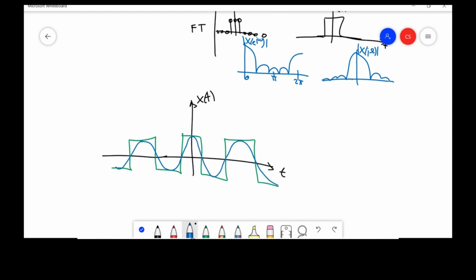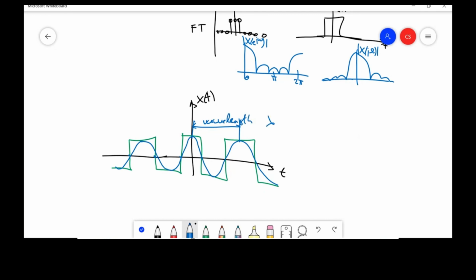It goes through the same zeros as this one, and it has more or less the same amplitude. So you have to control the periodicity of this sinusoid. This is called the wavelength, represented by lambda.